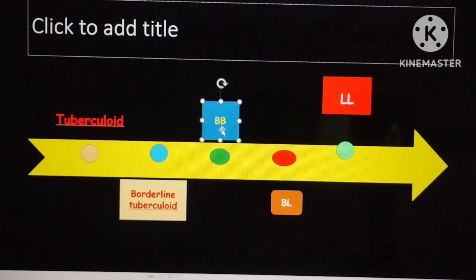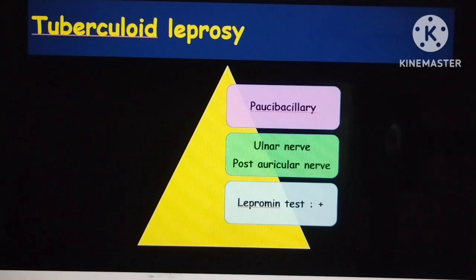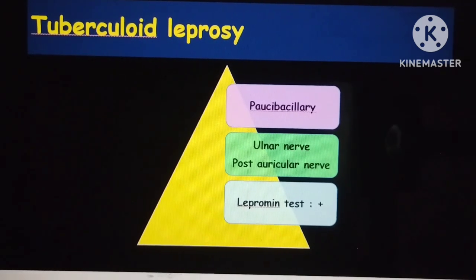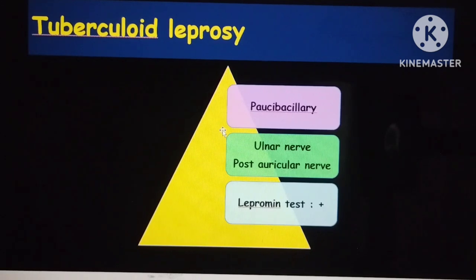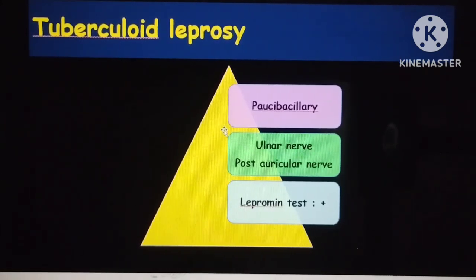Coming to the clinical manifestations of tuberculoid, just remember paucibacillary means there will be only 1 to 5 skin lesions, and usually one nerve will be affected. The most common nerve involved is the ulnar nerve, second is the posterior auricular nerve.